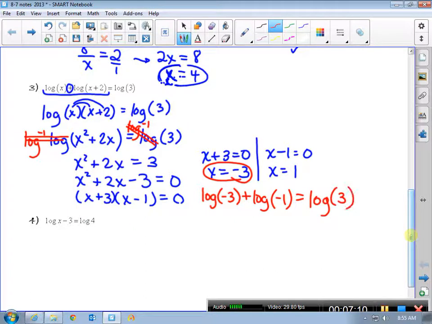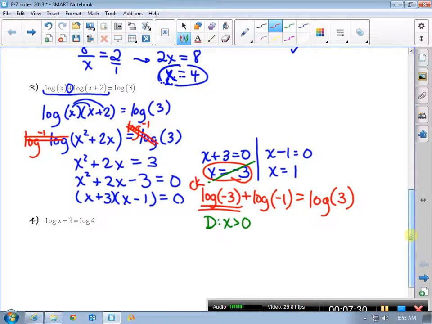So this is my first check. When you go to type in the log of -3, you will get an error. Because remember, the domain of logarithms is that your argument values need to be greater than 0. So the -3 gets rejected.